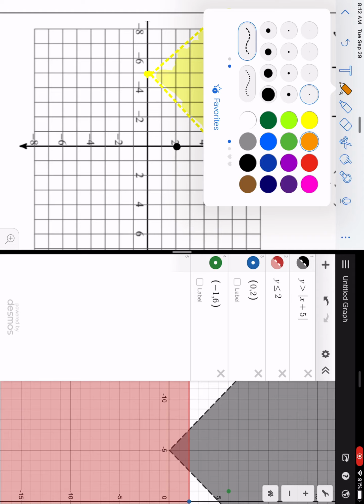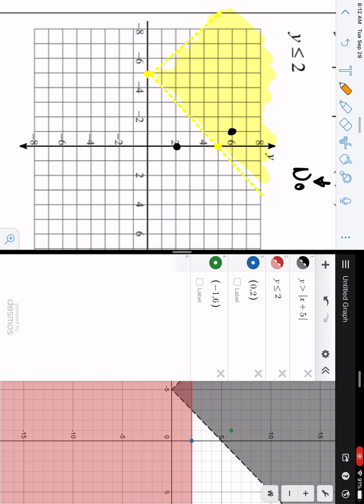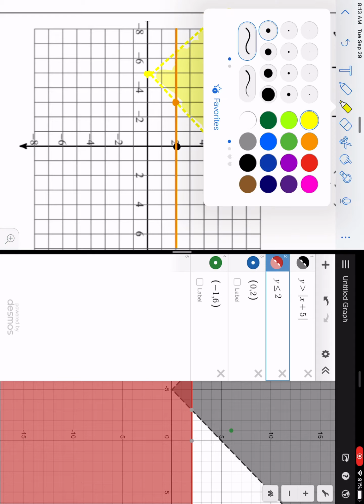And this was a solid line. So 0, 2, -3, 2. All of this is shaded below.